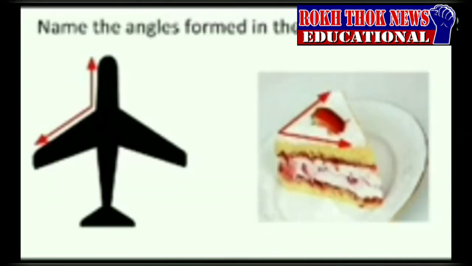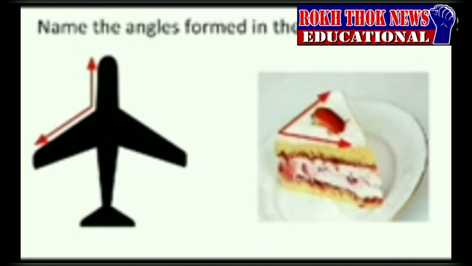Now you have already understood the angles. So name the angles from the following pictures. In the first picture you can see the aeroplane. The aeroplane and its wings are making which angle? Yes, obtuse angle. In the next picture, a slice of a cake.